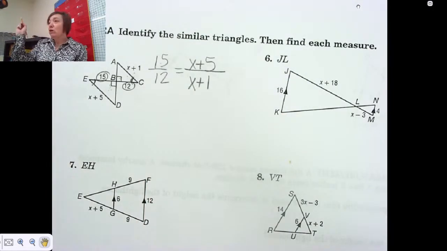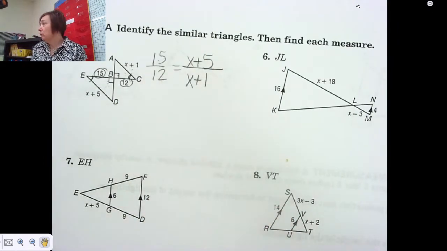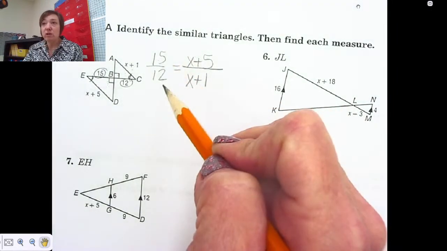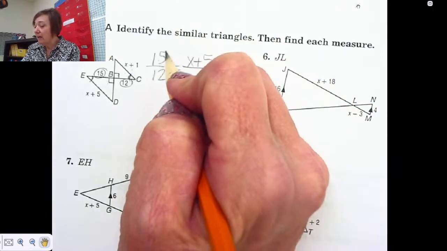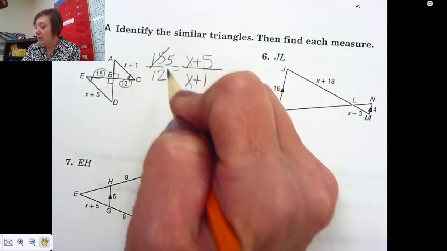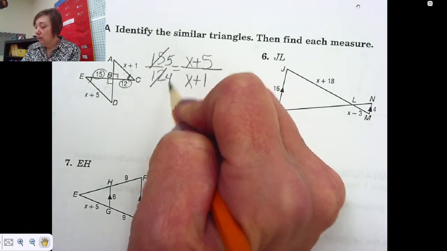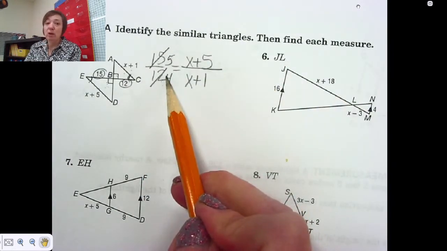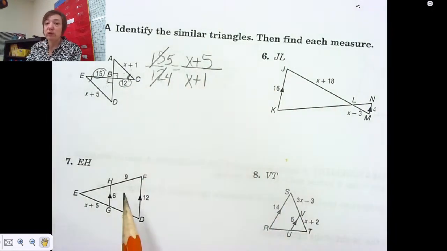Now, we can cross multiply right here, or we can simplify 15 over 12 first and make our math easier. Simplifying will make your numbers smaller, and you may not need that calculator you're hanging on to. What goes into 15 that also goes into 12? How many times in 15? How many times into 12? So that makes our numbers smaller, and we don't have such big numbers to multiply.